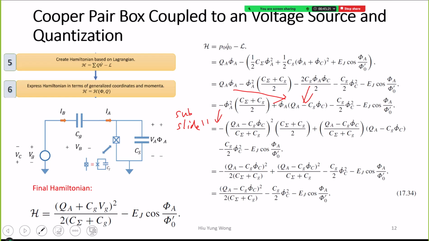But more importantly, at the end, eventually I get the bottom one, but I ignore this term, negative CG over 2 phi C dot square. Do you know why? That is because phi C dot is just equal to Vg.